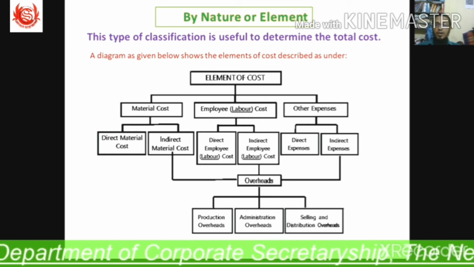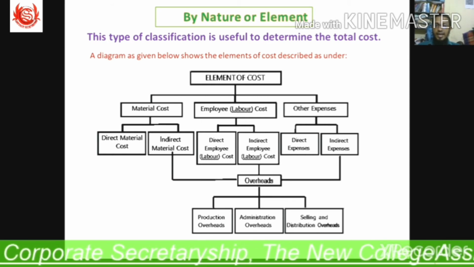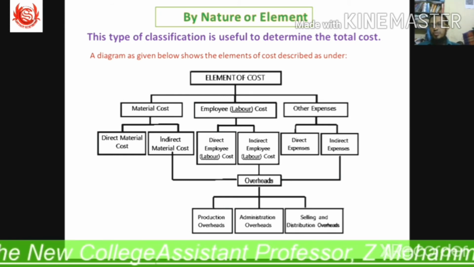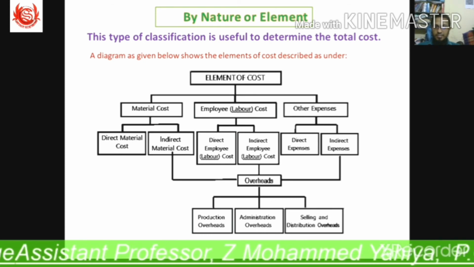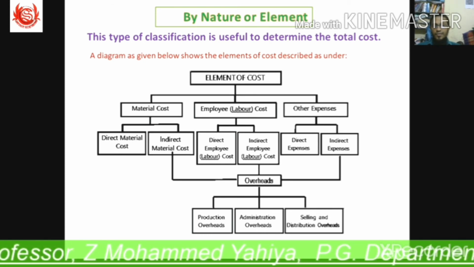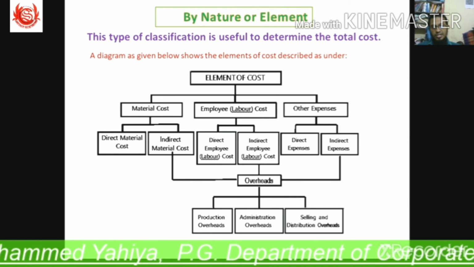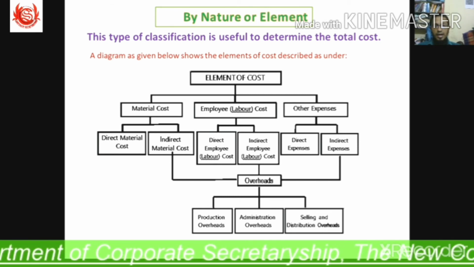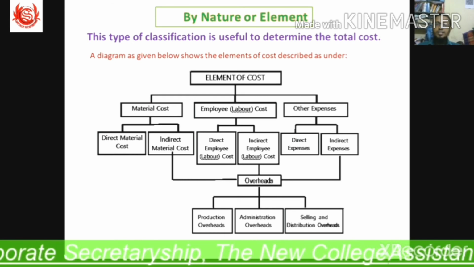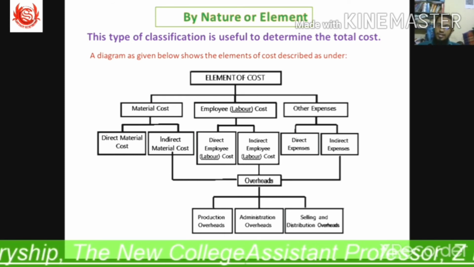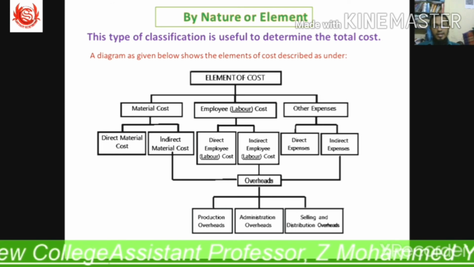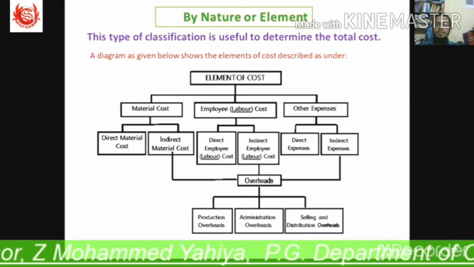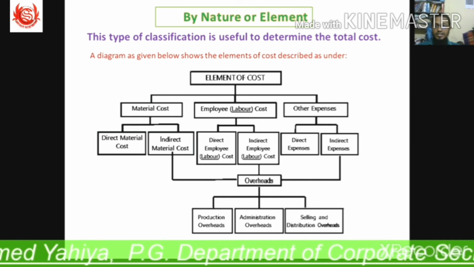In that we'll record all the selling expenses, sales related expenses and distribution related expenses, like salesman salary, sales van depreciation, salesman commission, etc. Distribution overheads like warehouse rent, etc. will be recorded in the selling and distribution overheads.